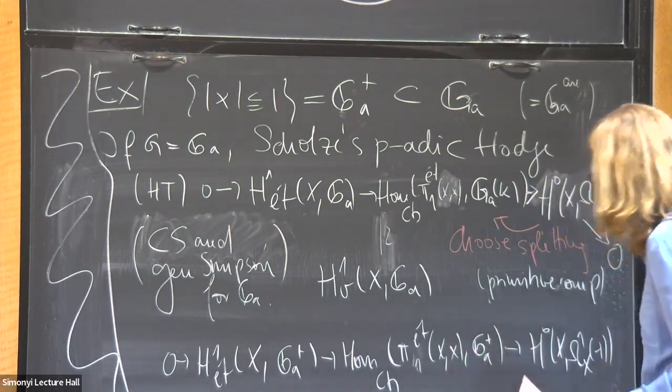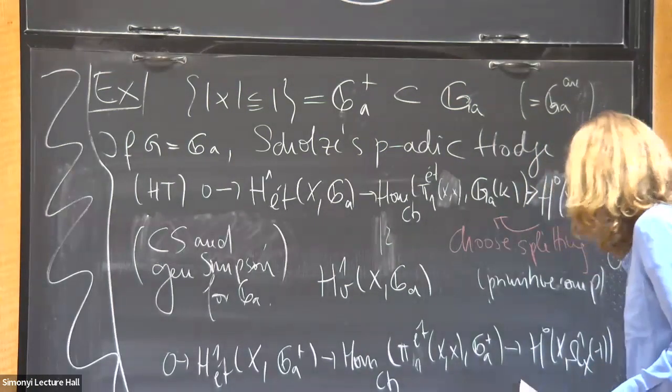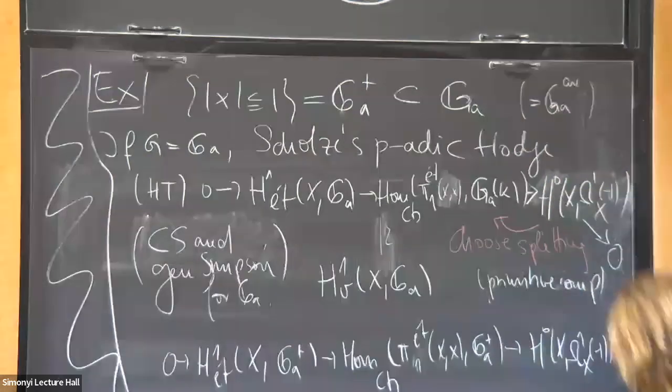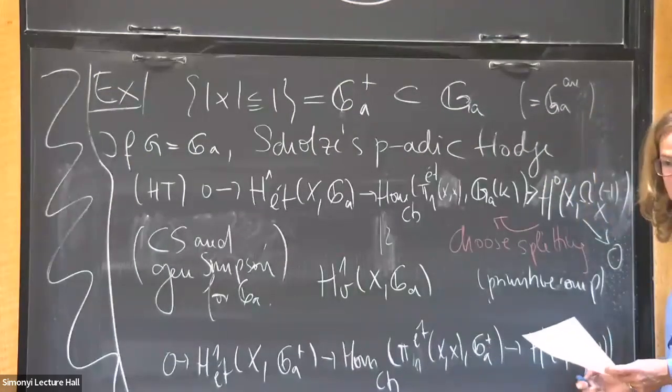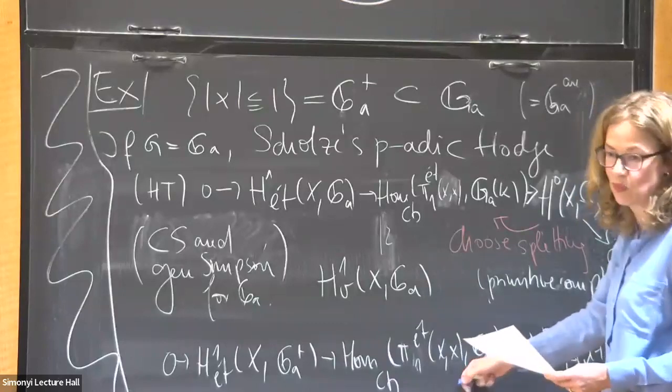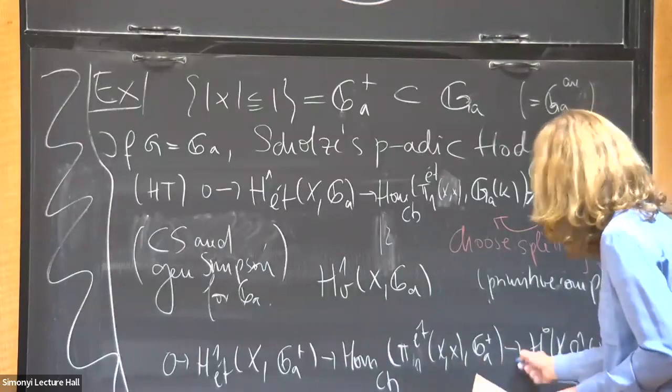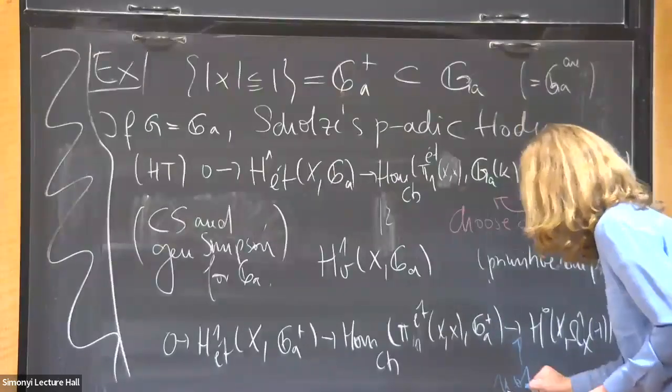But now you have a problem. This is not going to be surjective. This is the same object here and there, and you definitely have fewer integral homomorphisms than homomorphisms at all. So this is not surjective.